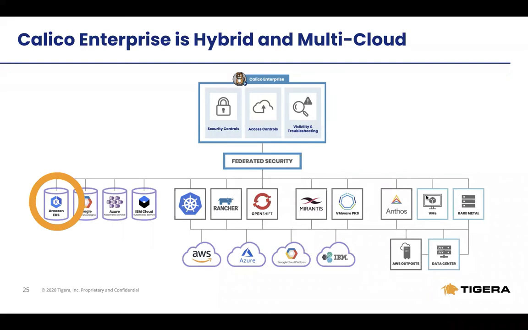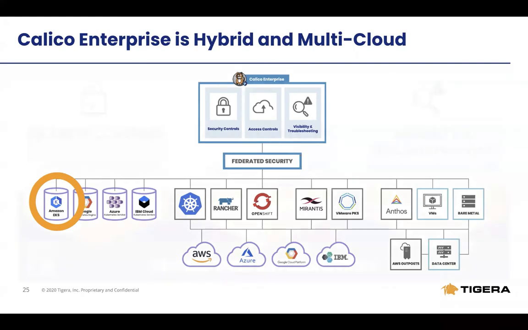But first, I want to remind you that from the CNI perspective in Calico, as Michael mentioned, you have the option to run Calico as a CNI, also as a network enforcement for Kubernetes network policies on EKS, but also Calico Enterprise as an end-to-end solution to manage your network policies and gain that level of visibility into your workloads, can also run across pretty much all Kubernetes solutions out there, specifically EKS.